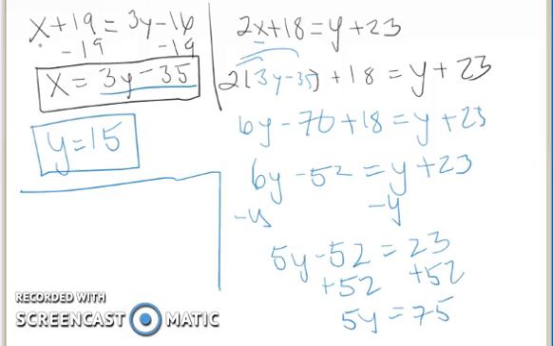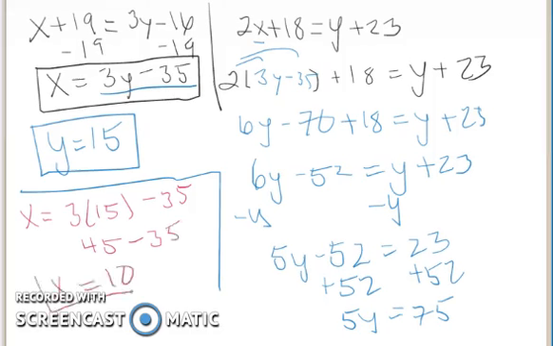I'm actually going to plug it into this one that's set equal to x already because it makes it simple. That's going to be 45 minus 35. I'm going to get x equals 10. Alright, those are the answers to the questions.